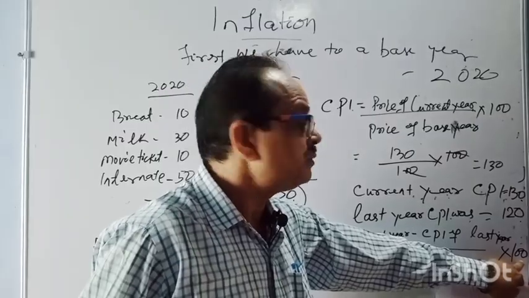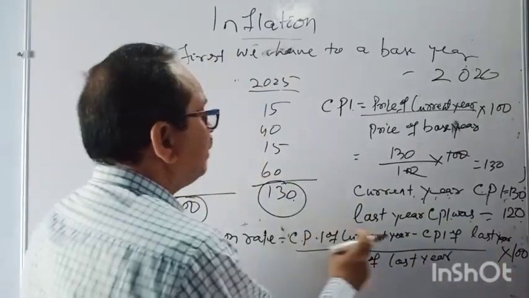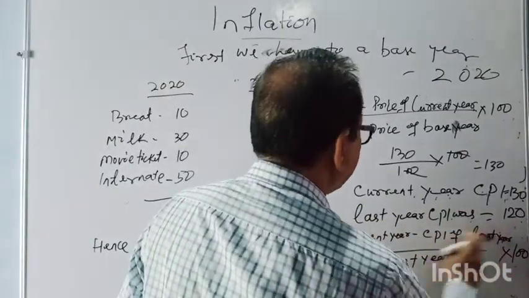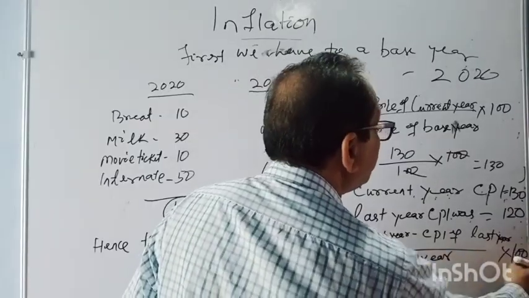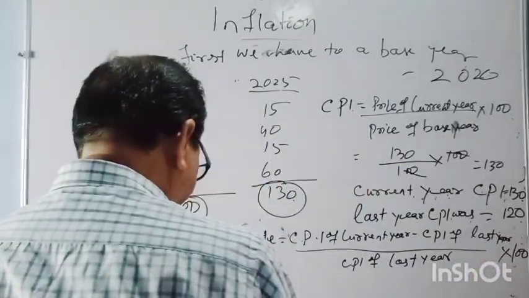Can you see, all of you? CPI of current year minus CPI of last year divided by CPI of last year into 100.